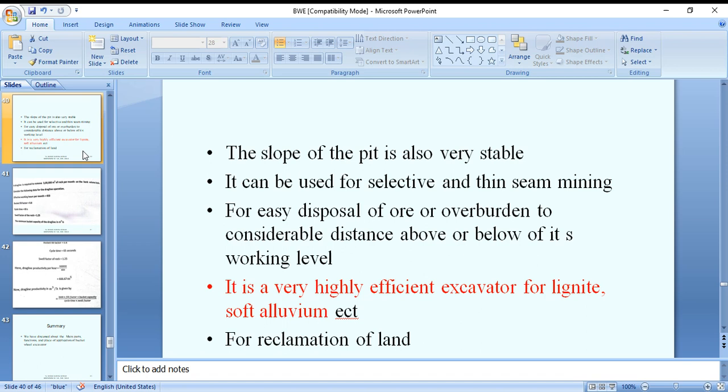These can be used for the production calculation. So automatically we'll get the production details. According to that, you can determine what size of belt conveyor is required. So now I am concluding.